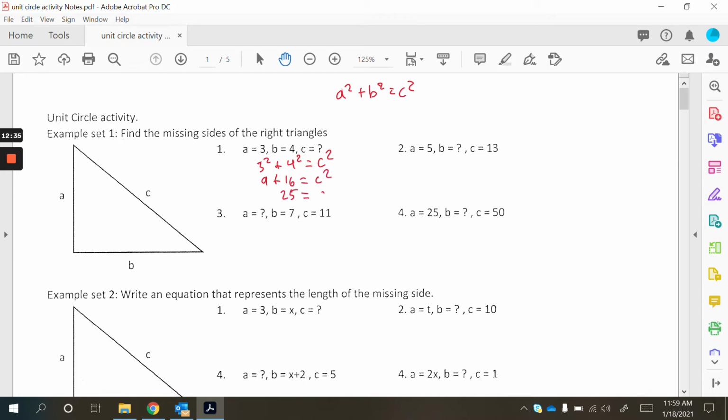Now, once we know that c squared is equal to 25, to get rid of that squared, we take the square root of both sides, and c equals 5. So we figured out what that missing side was. Let's go ahead and do that again. So we're going to have a squared plus b squared is equal to c squared.